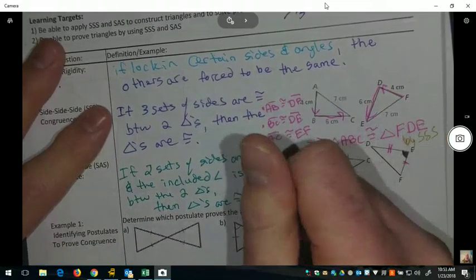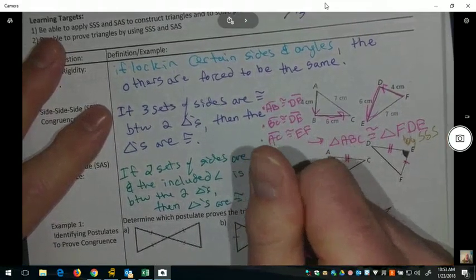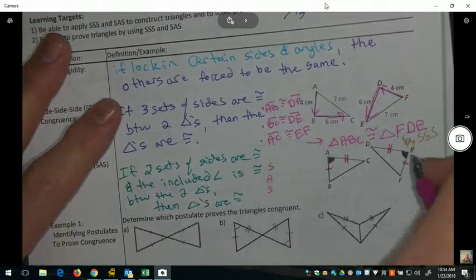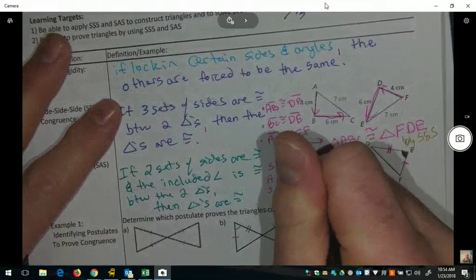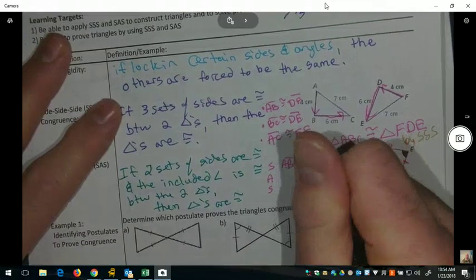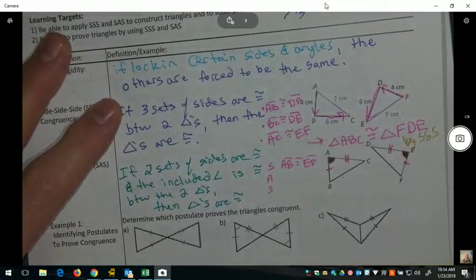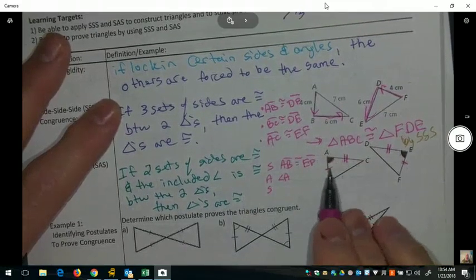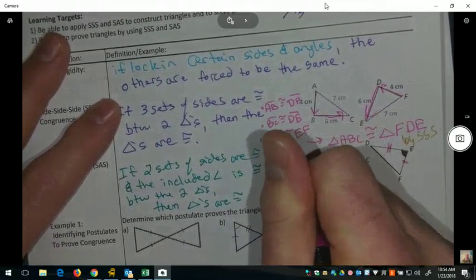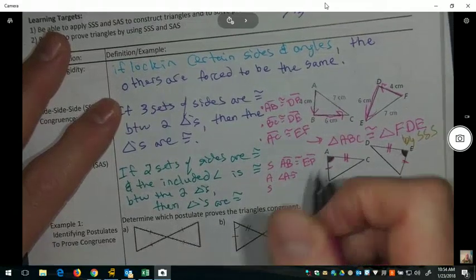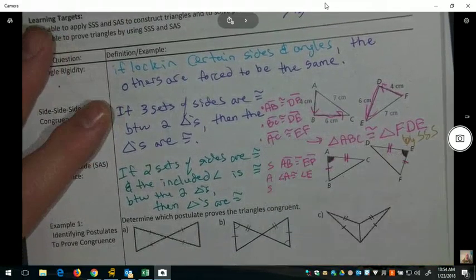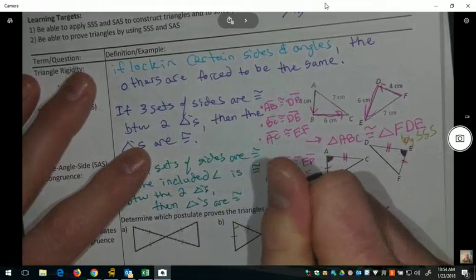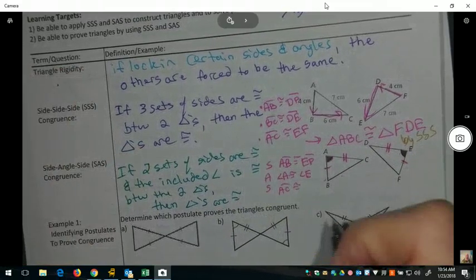So in this case, I'll even write out the side angle side argument, although we don't normally do that. We're going to be doing 2-column proofs. I have AB congruent to EF. I have angle A, which is sandwiched in between those two congruent sides, congruent to angle E, sandwiched between those two sides. And then I have AC congruent to DE.